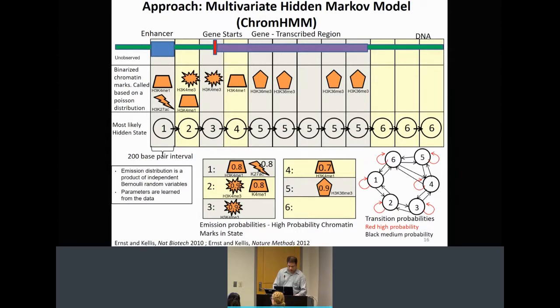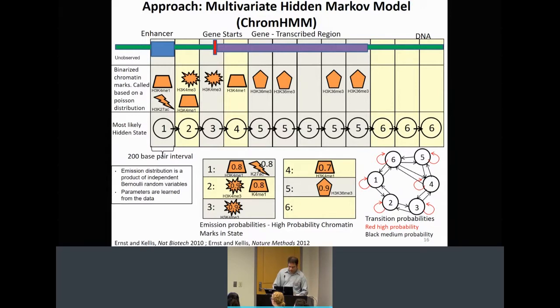And each bin here represents 200 base pair intervals, which roughly corresponds to the size of a nucleosome and spacer region. And then the emission probabilities are a product of independent variables. So that means for each mark, when you're in a specific state, you have some probability of observing that mark in that state. And all these probabilities are learned. Then there's also transition probabilities, which capture the spatial dependency between different states.